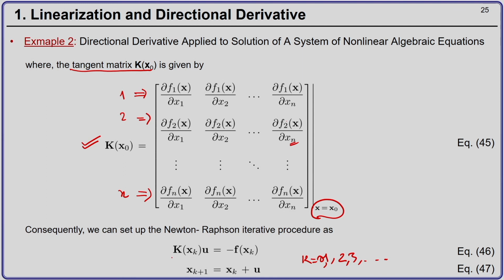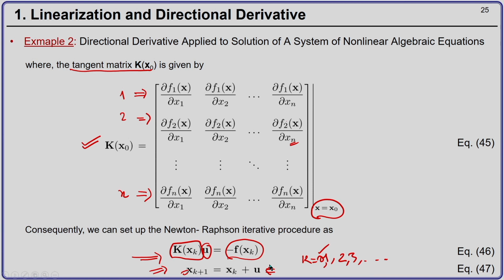We will start with finding the tangent matrix at x 0, and then using equation number 46, we will find out the increment u. Because k was 0, x 1 will be x 0 plus u.